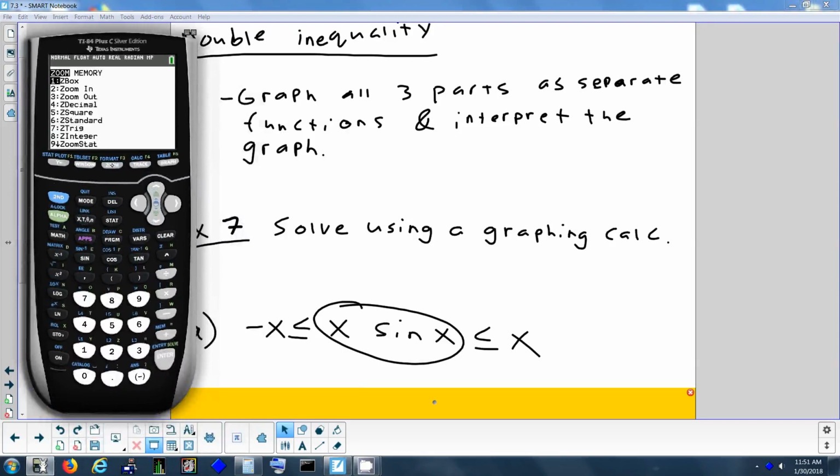Okay, and let's just do zoom 7. What I might want to do is zoom out a little so I can just see because it's going off the screen. So I just press zoom 3, it zooms it out. Here's your graph in red. There's your graph in blue, and there's your graph in black.